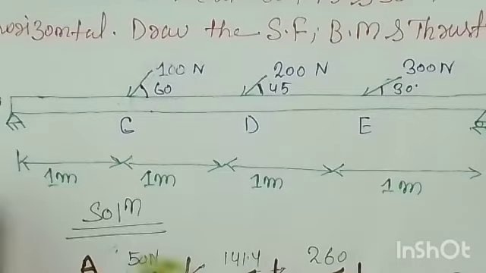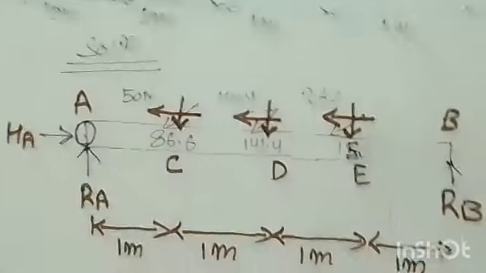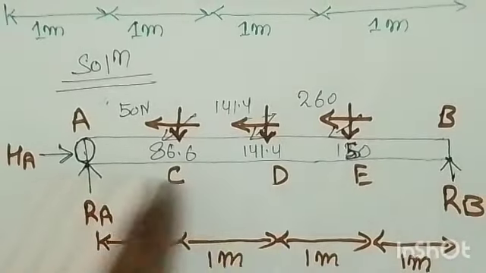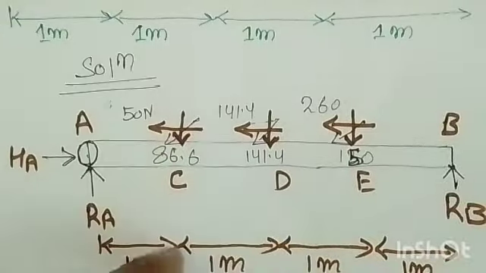Now, whatever question is given to you, this question I'm talking about, this is your problem. This beam is given in the problem, so we have simplified this. We'll draw both the figures, and then below that we will draw the SF and BMD diagram. So very quickly we'll execute this.